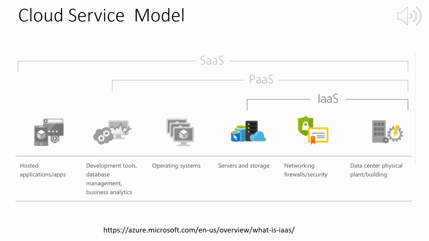As part of the platform, we, for example, have the operating system, development tools, database management tools, and business analytics that are being, for example, accessed as platforms. And then we have software that uses these platforms to create hosted applications that are being put on the data center in an on-demand provisioning fashion.